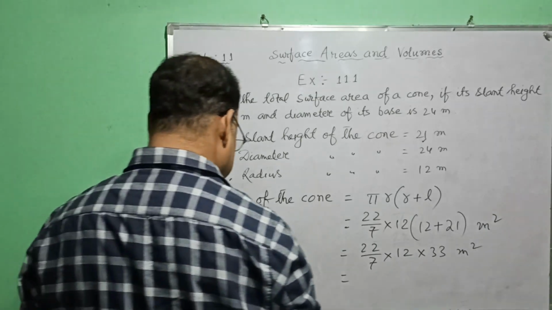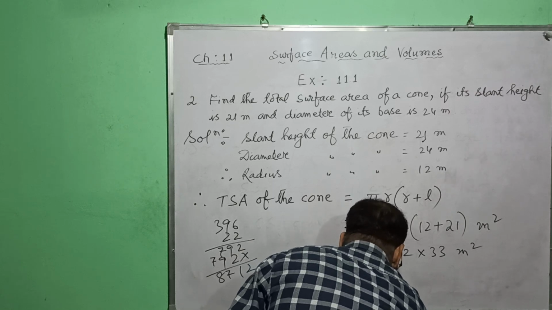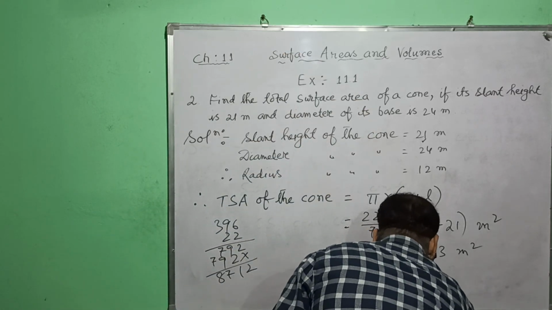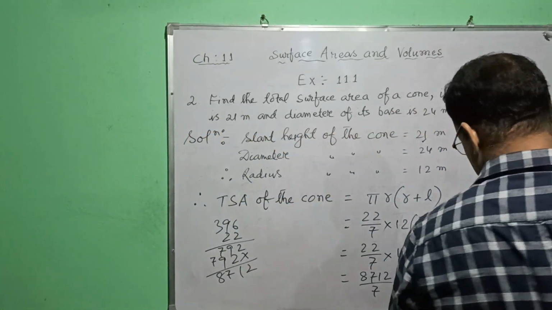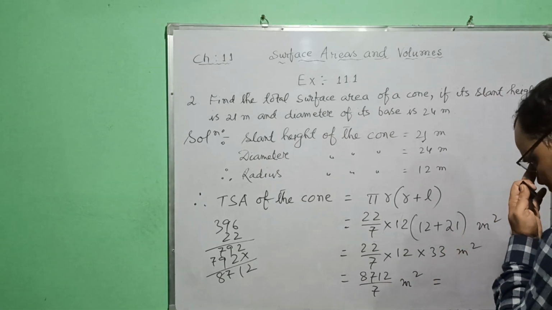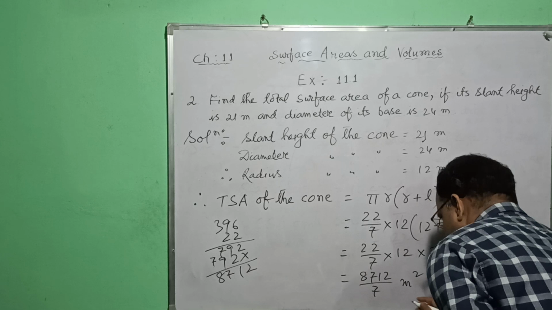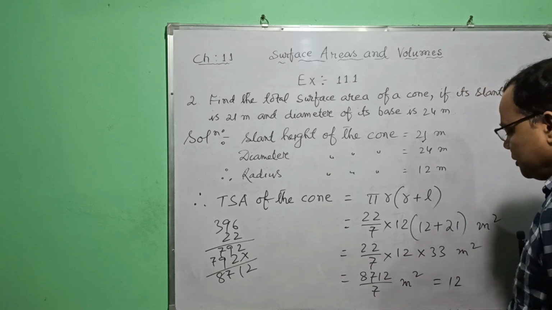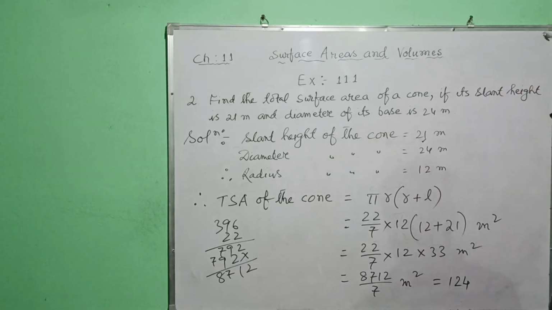So it is 8712 divided by 7 meter square. Now we can write it in mixed fraction also, or we can convert it into decimal. So if we convert it into mixed fraction also, it is correct. So 7 1s are 7. Here it is 1, so 17. 7 2s are 14. Here it is 17, so 3 left, so 31. 4 7s are 28.